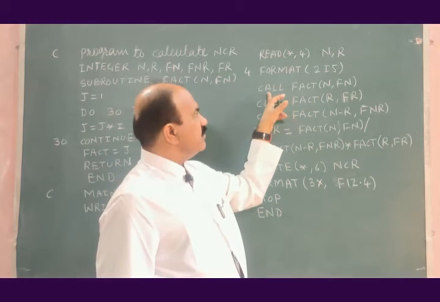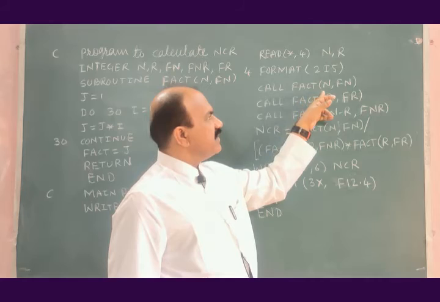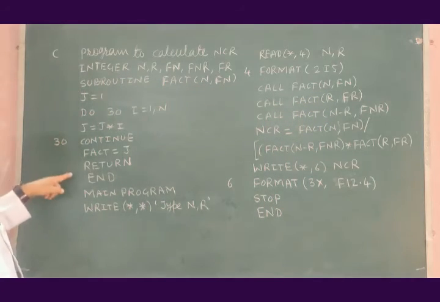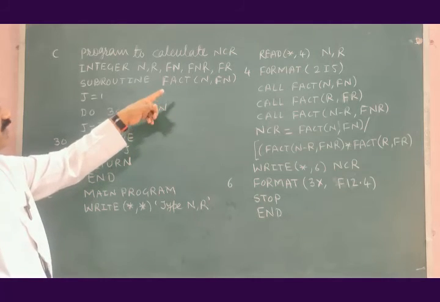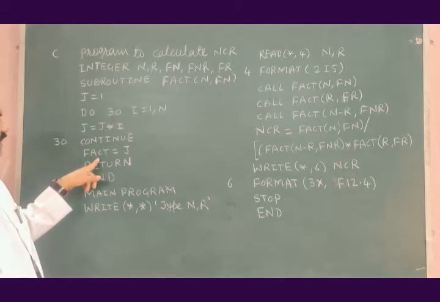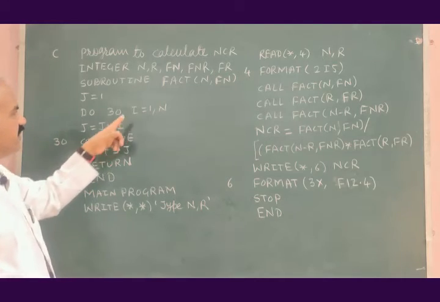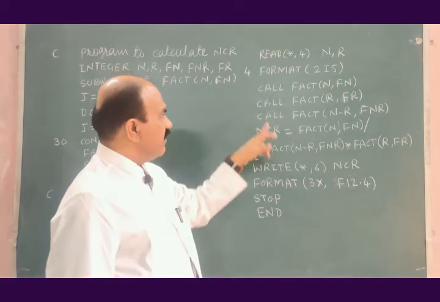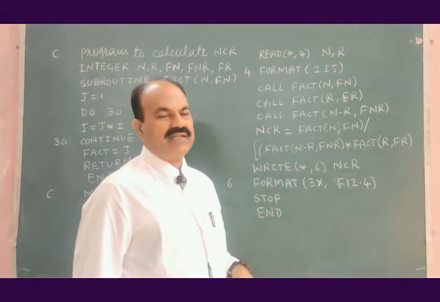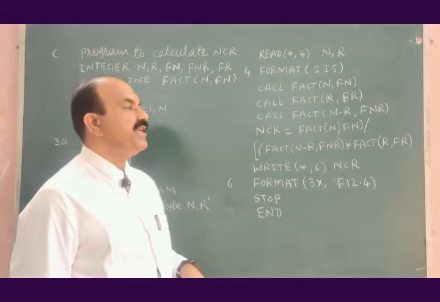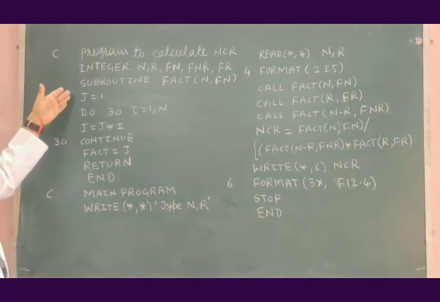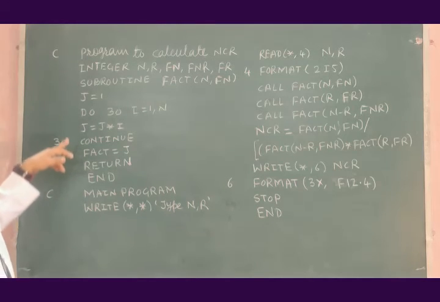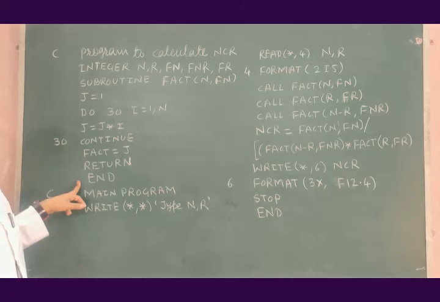So when you write this call fact n comma fn, the control goes to this subroutine and finds the value of n factorial, and this factorial, which is j, is provided here. When you call fact r comma fr, the control will go back to the subroutine, up to the end, and it will calculate the factorial of r.